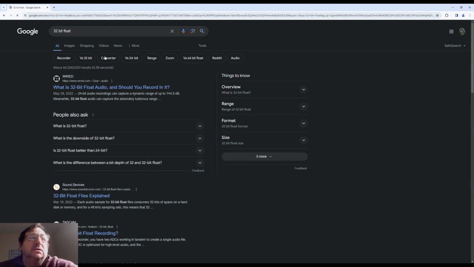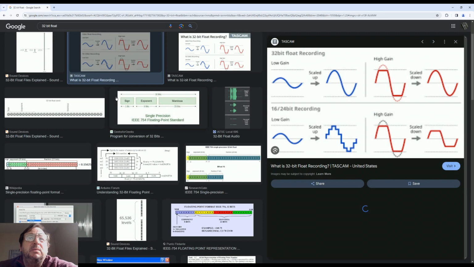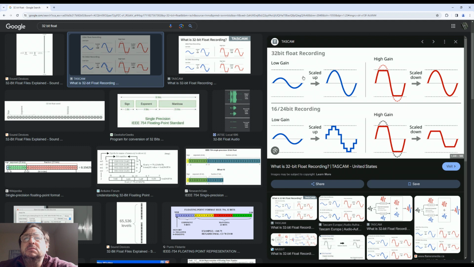If you look at images, it has to do something with that frequency. The frequency, that one. Basically, it's not really kind of like digital.